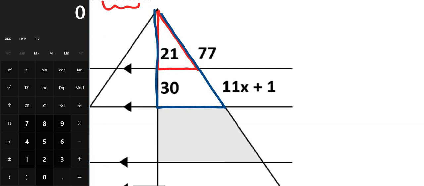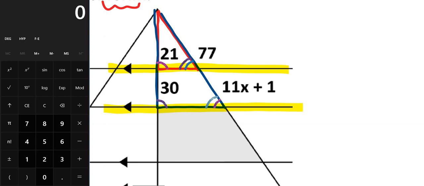Well, I know that these two lines, in fact, we have several lines going down, but these two are parallel. If those two lines are parallel, that means we have this angle and this angle that are congruent because they're corresponding angles. Same thing on the right. These two angles are going to be congruent because they're corresponding.